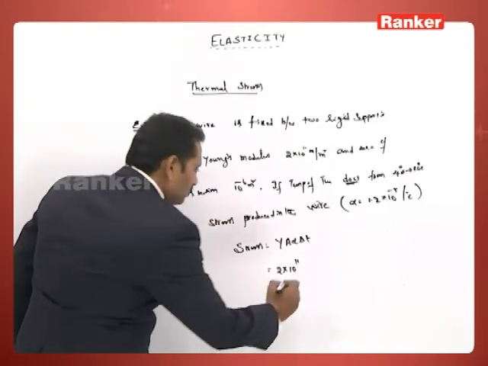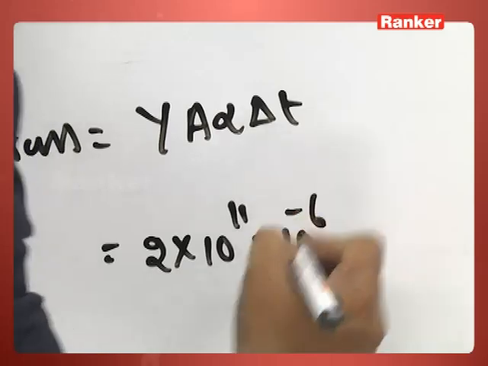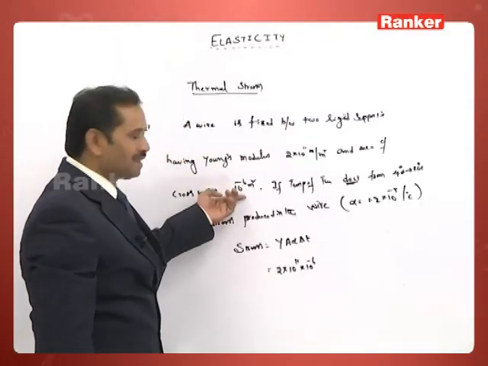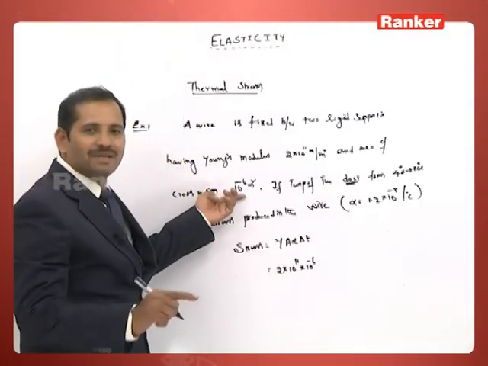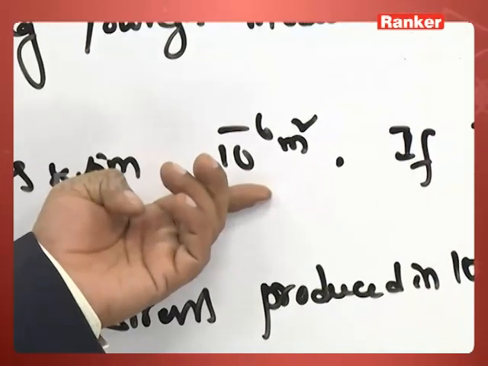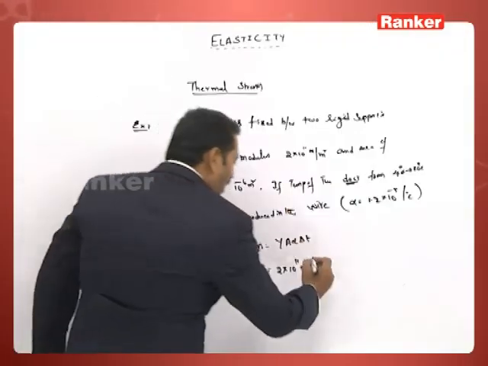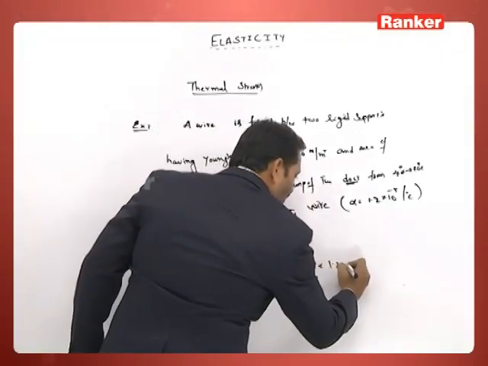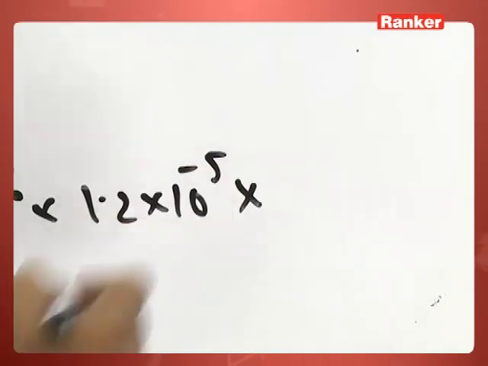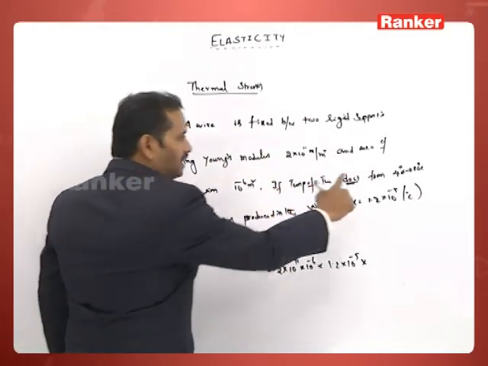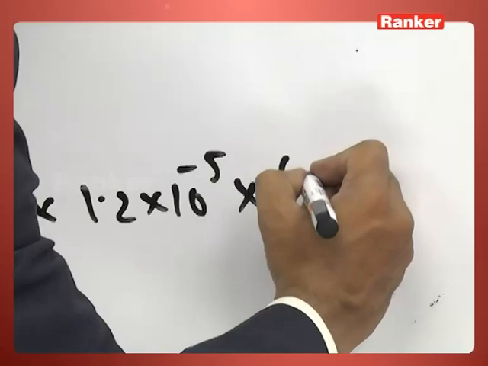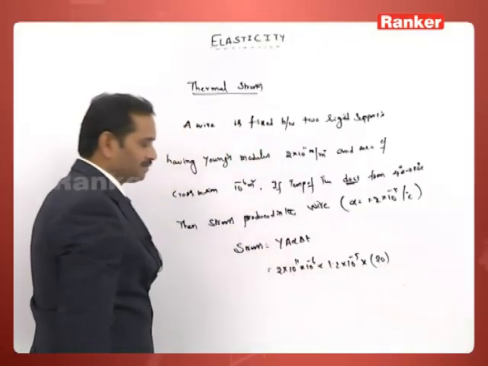Area 10 power minus 6 meter square. Sometimes they will give mm square; mm means you know how to convert, 10 power minus 3 whole square. And alpha 1.2 into 10 power minus 5. And the change in temperature from 40 to 20 is 20 degrees Celsius.